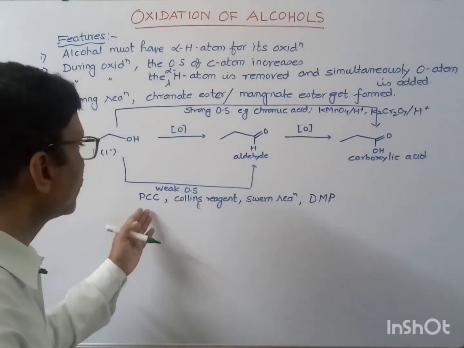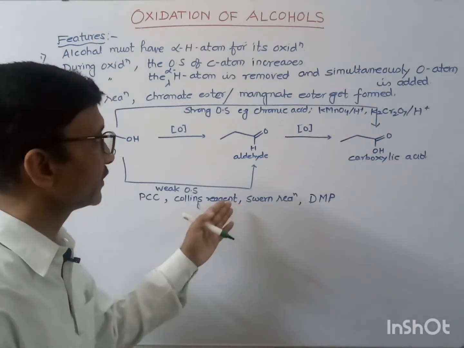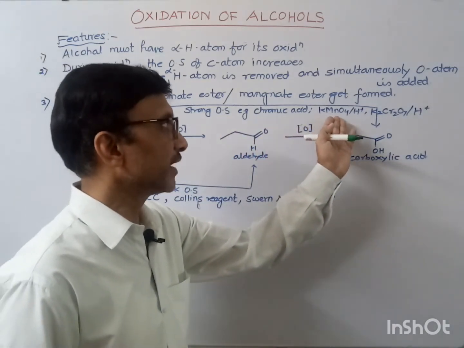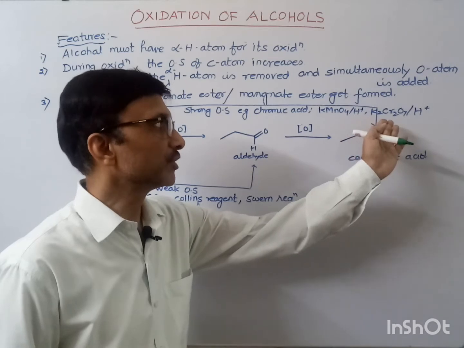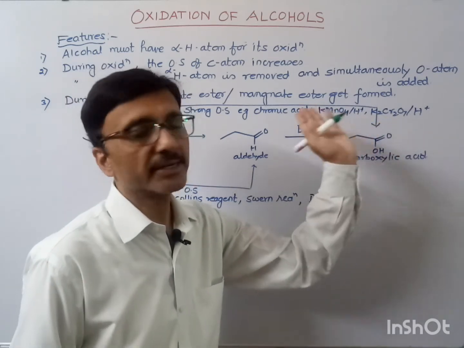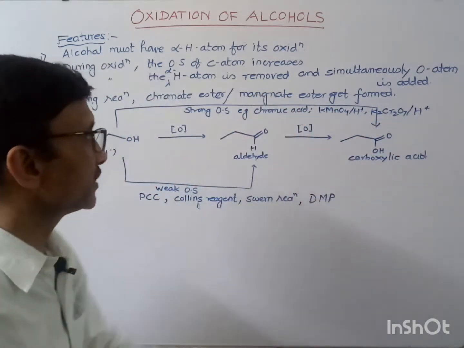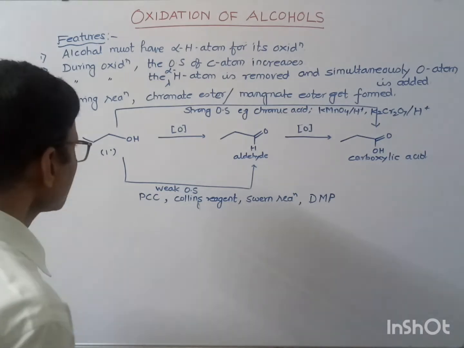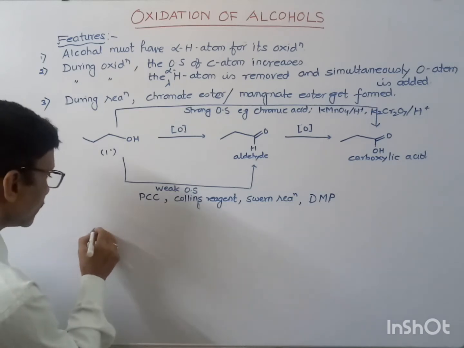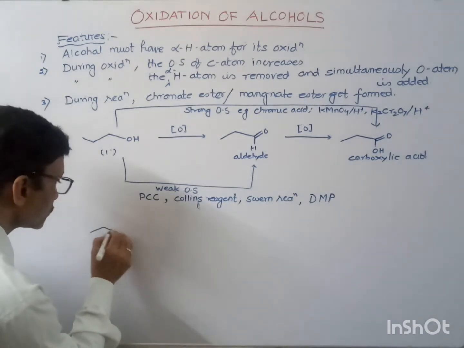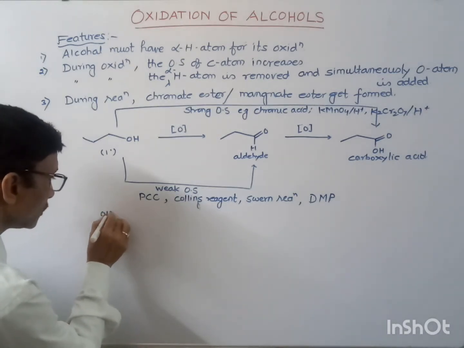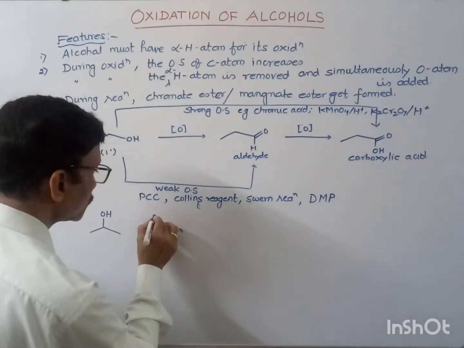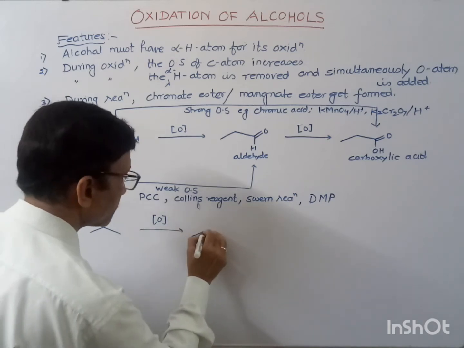So these are the different weak oxidizing agents, whereas chromic acid, potassium dichromate in H2SO4, or potassium permanganate in H2SO4 are the strong oxidizing agents. Now suppose we are using a secondary alcohol, then this secondary alcohol would be oxidized to a ketone.